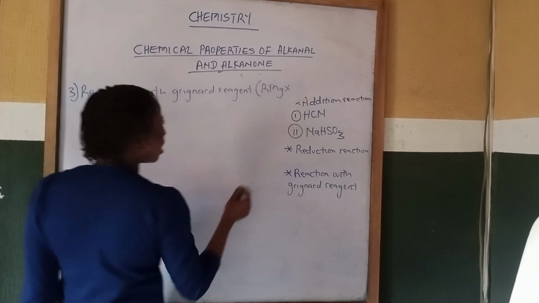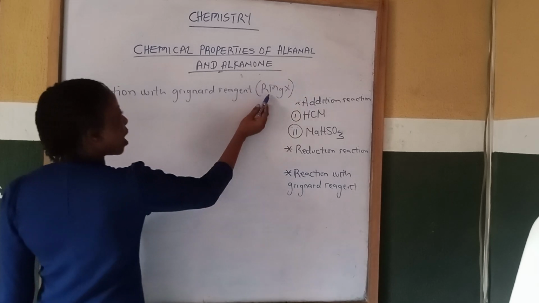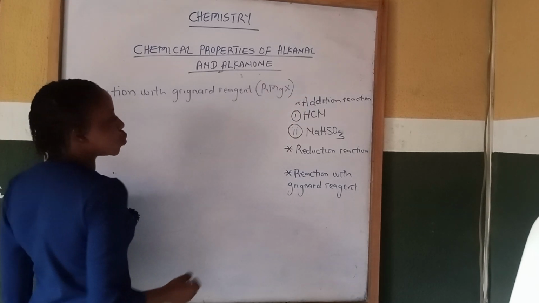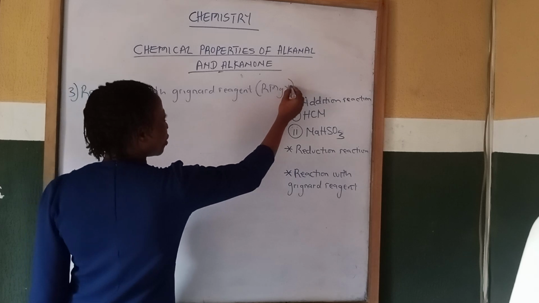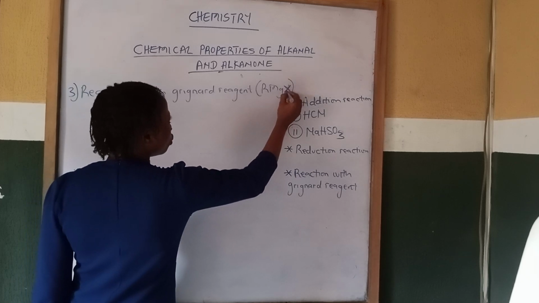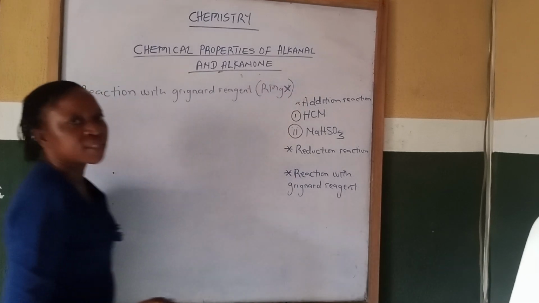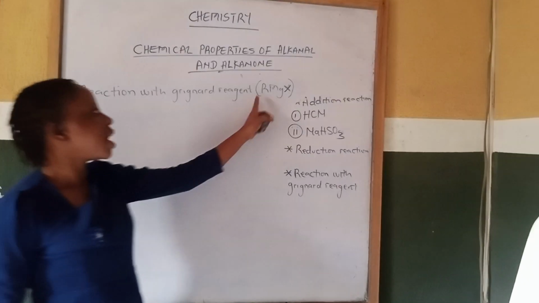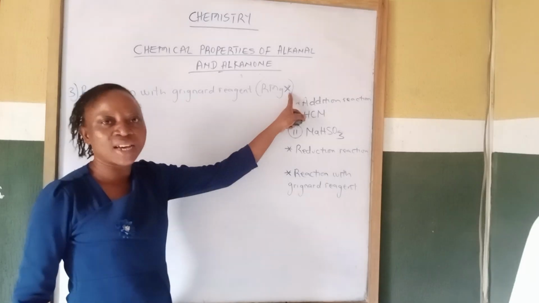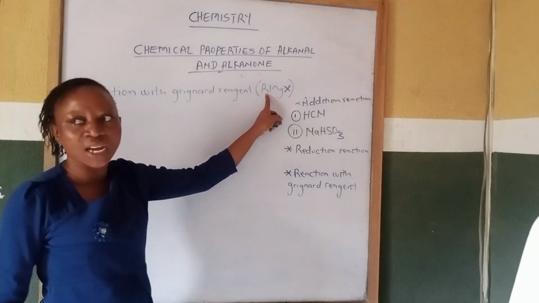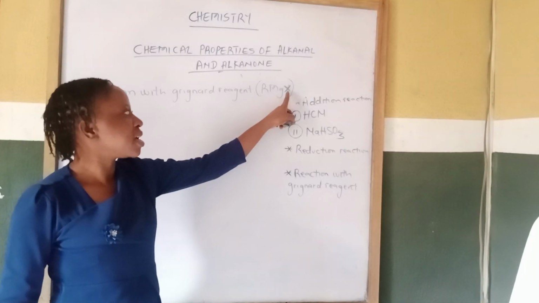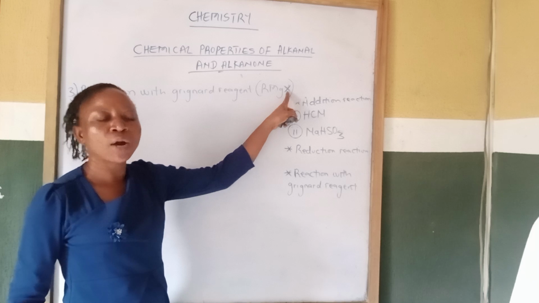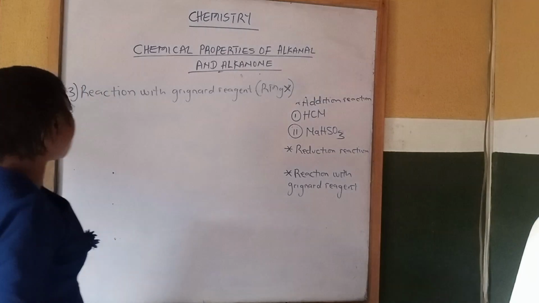Your R is your alkyl group, Mg is magnesium, while X can be any member of halogen. So you replace your X with any member of halogen. So RMgX is a Grignard reagent whereby R is an alkyl group, Mg is magnesium, while X is any member of halogen.